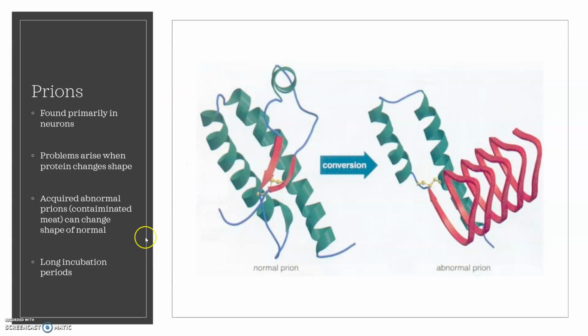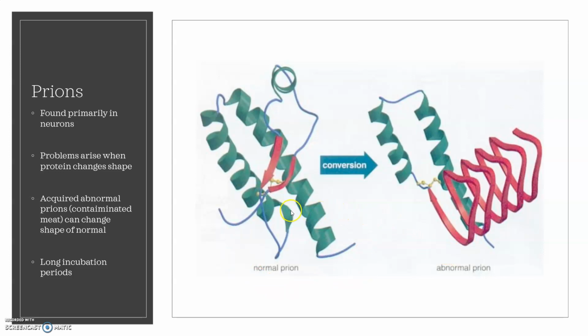That can explain in part why there's a long incubation period. But again, who knows? They're not 100% sure. Maybe the abnormal protein somehow causes a mutation. Who knows? But at any rate, what they do know is that over time, you do accumulate these abnormal proteins, and they can cause harm.